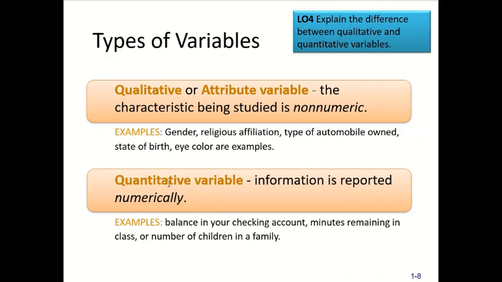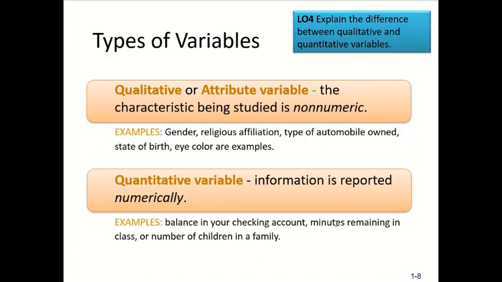Now when we are talking about information which is reported numerically, in terms of numbers like 1, 2, 3, 4, or even decimals like 1.2, 1.5, all these are what we call quantitative variables. For example, if you want to check your balance in a bank account, that will be in terms of so many rupees. That will be a precise number, and that is an example of a quantitative variable.